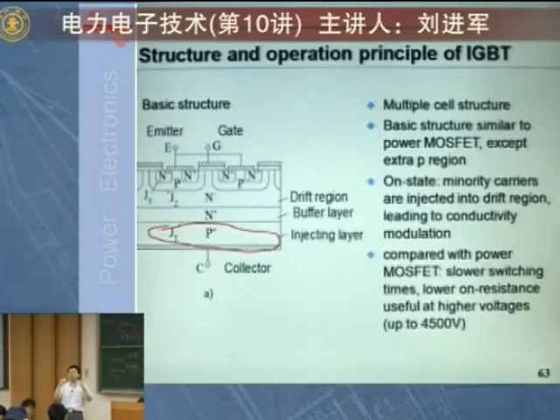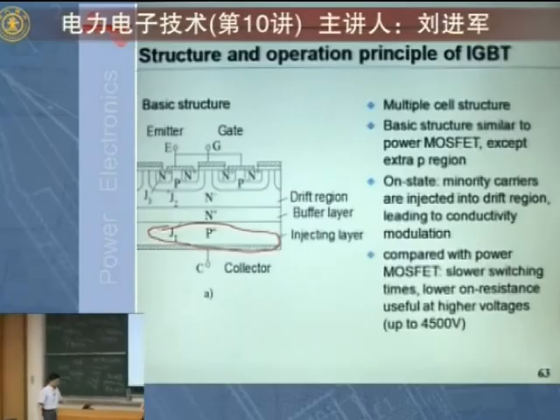Therefore, you have conductivity modulation. And therefore, the conductivity of this N- region will become very high. It allows very high current to flow through. So that's the only difference. You can get into details after the class.